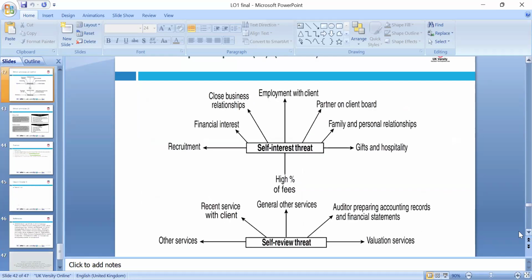Either you leave the job if you can't continue, or you can get advice from the IFA, the awarding body, or members, whichever it will be. And self-interest, of course, we can look at financial interest and close business relationships. Self-review, checking your own work, which we mentioned, maybe you used to be in, and now you are working in a different audit department.